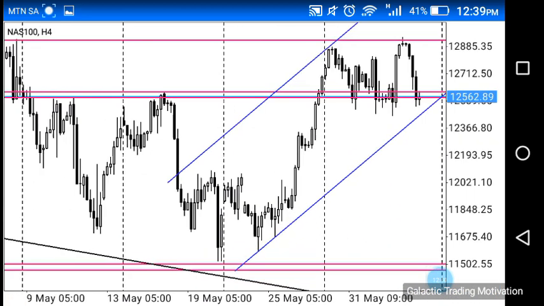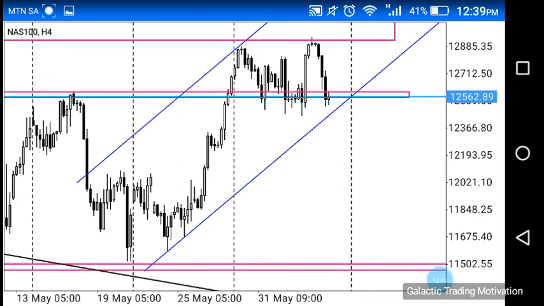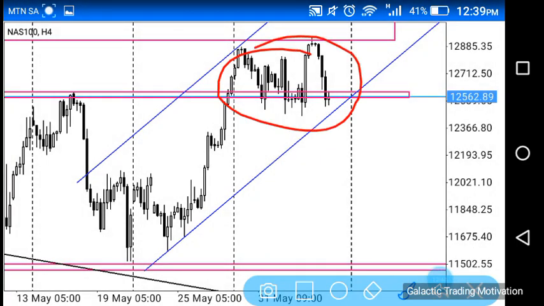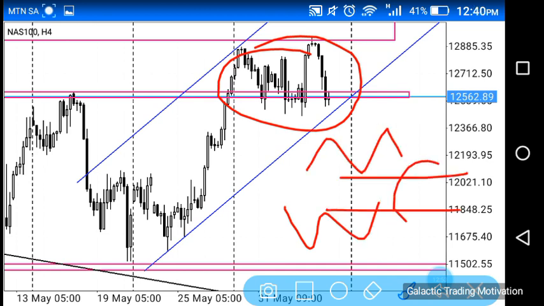So what we said was that this zone is a very tricky zone as far as buying or selling goes. It's very risky because we have the W and we have that M formation, and they have their necklines at more or less the same area, and that's what's happening over here, right?